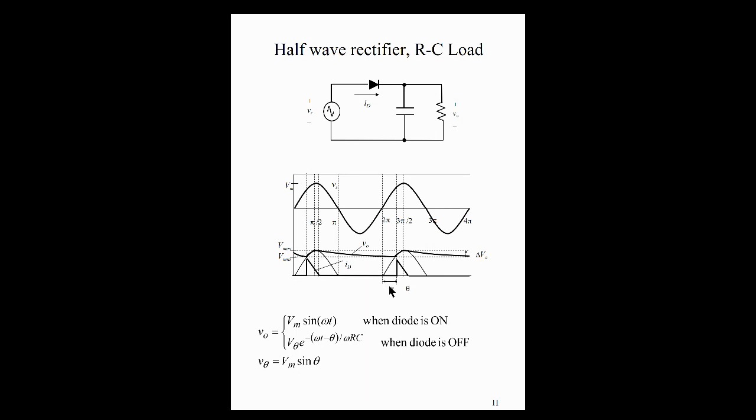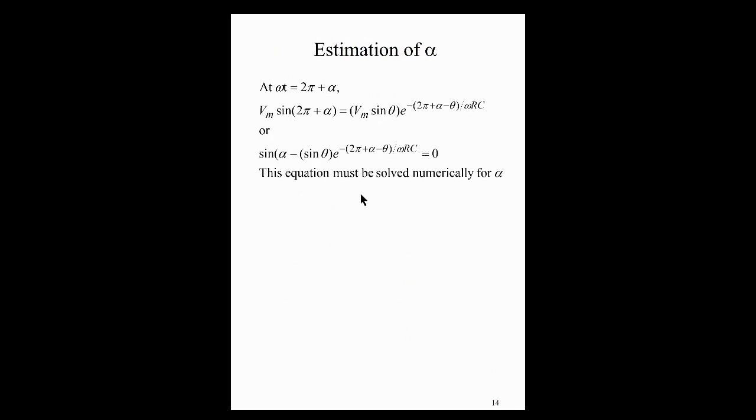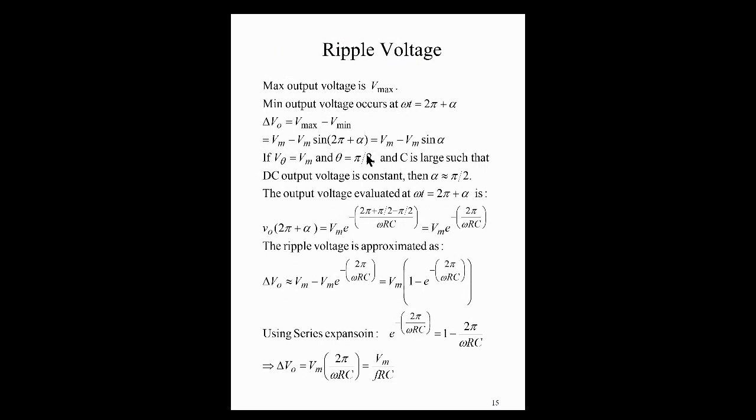So 2 pi plus alpha, we're going to substitute that into the equation, and it comes out to be equal to this. We can solve this numerically. It is quite involved, so for these types of questions, I'd more likely tell you what the values of alpha and theta are equal to.